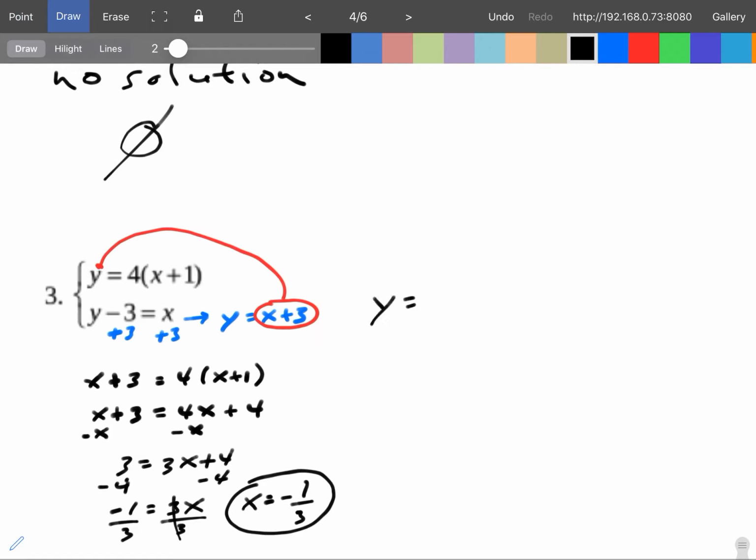So if I know that y is equal to x plus 3, I'm just going to take my x equals negative 1/3 and plug it in right here for x. So then that's going to give me y is equal to negative 1/3 plus 3. Well, that's the same thing as 3 minus 1/3. Well, 3 take away 1/3 would be 2 2/3.